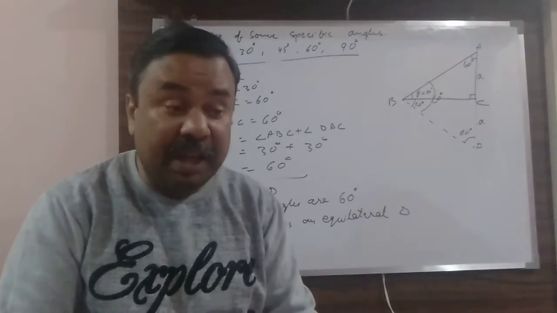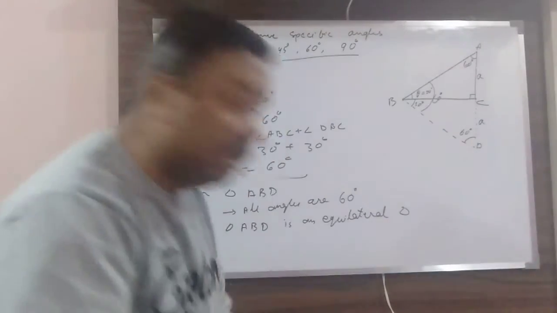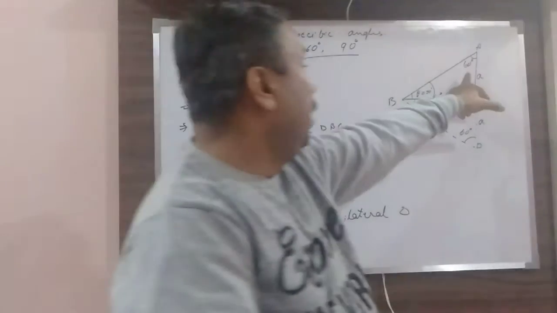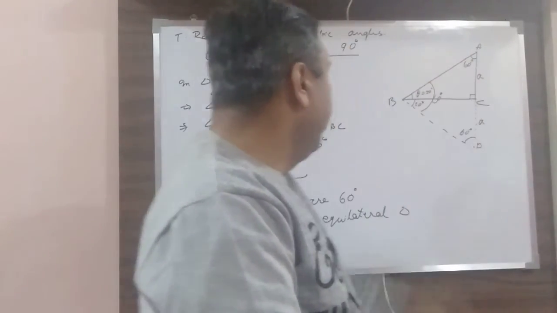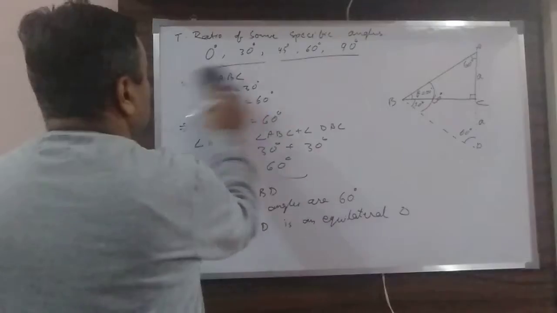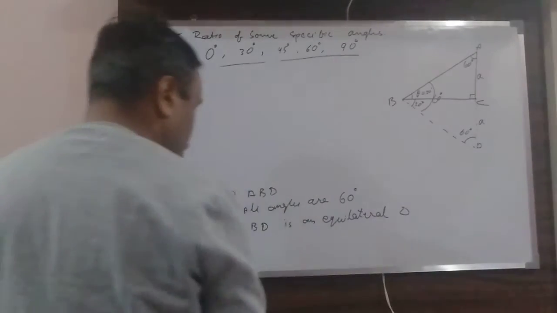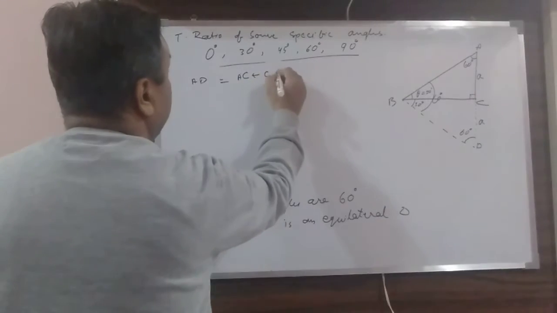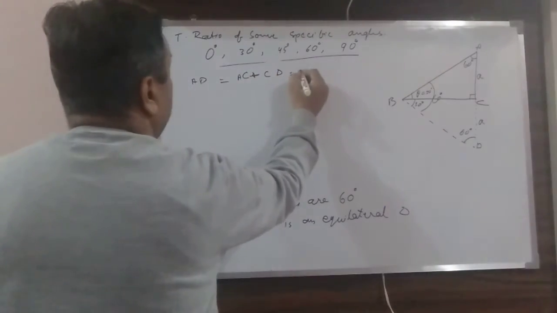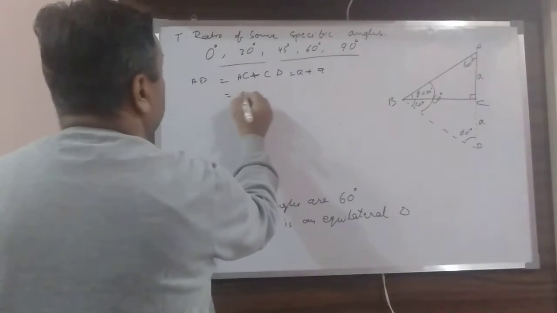Now if it is an equilateral triangle, if I have taken one side as A, others also will be A. So what is AD? AD is equal to AC plus CD, that means A plus A, so it is equal to 2A.